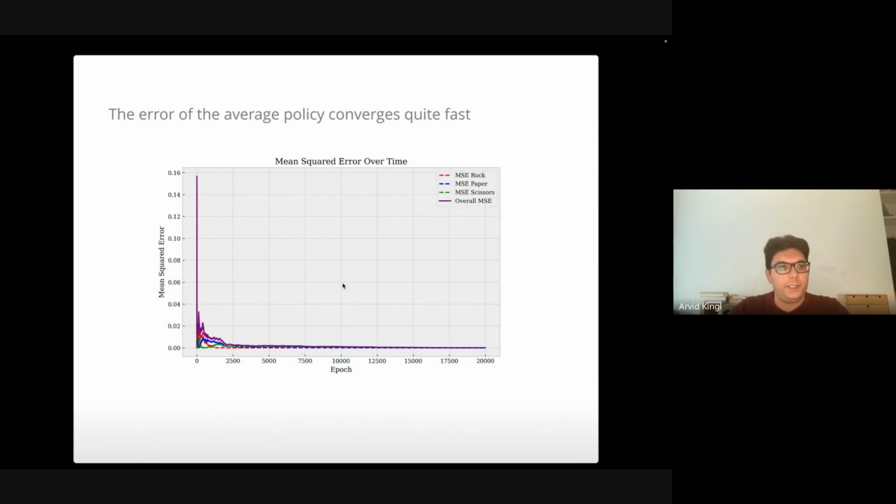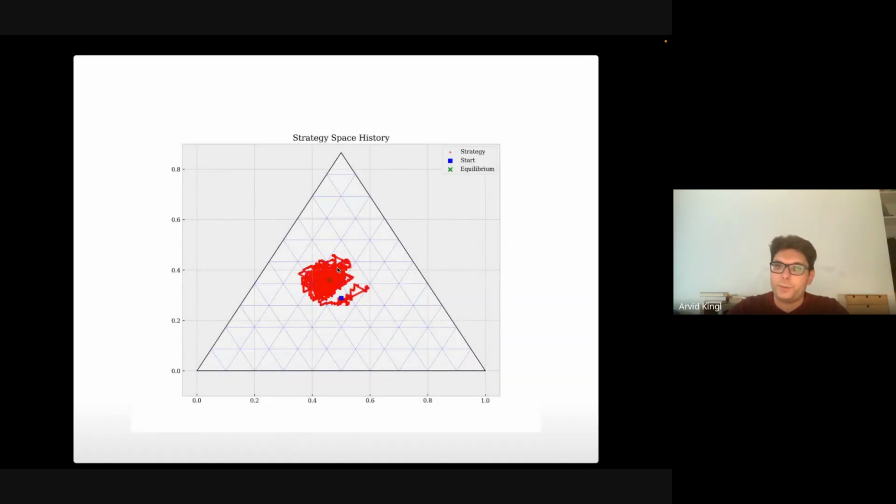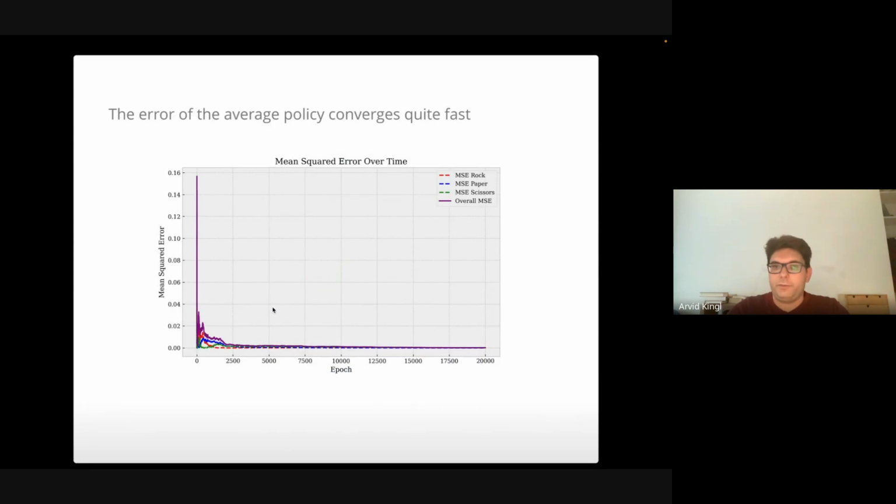But interestingly enough, the average policy, because we average over a smaller and smaller space, actually relatively quickly converges really well to the Nash equilibrium. So without explicitly knowing about the Nash equilibrium, and at least for the small matrix game I tried it against, it's very stable, and it just works and made me very happy.